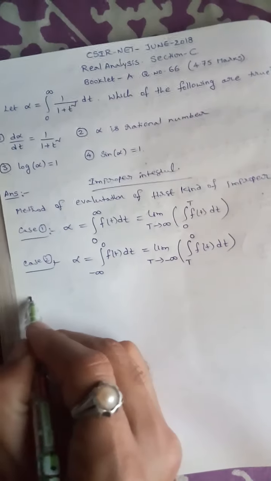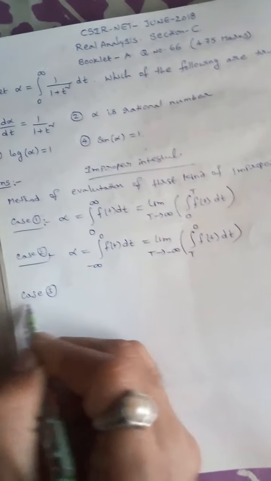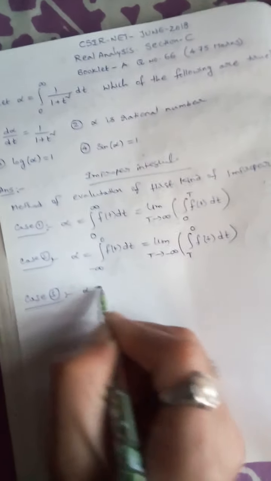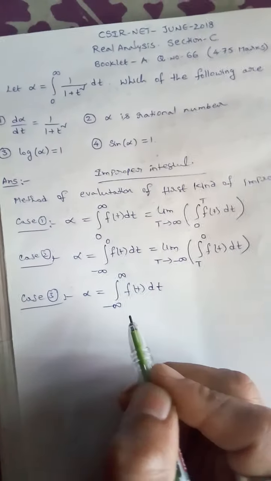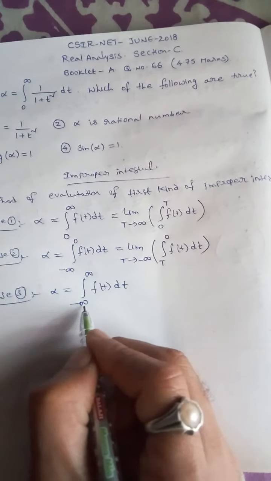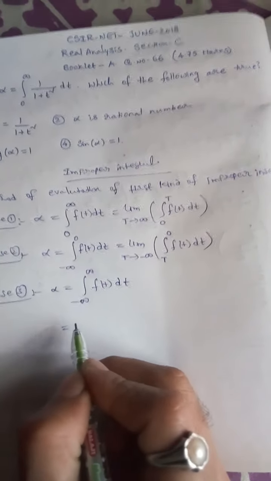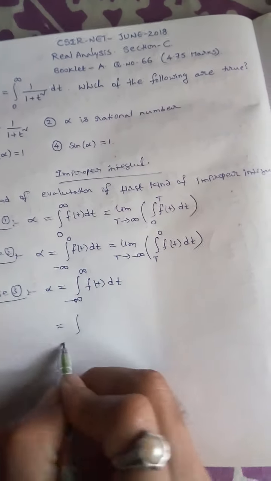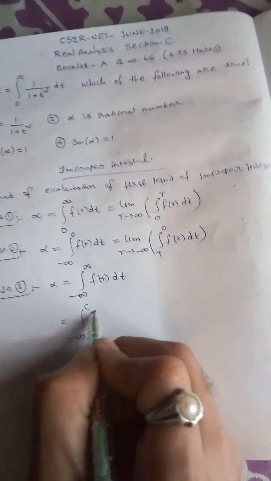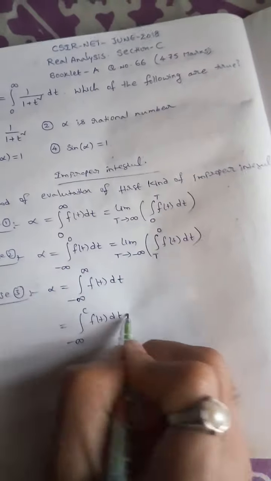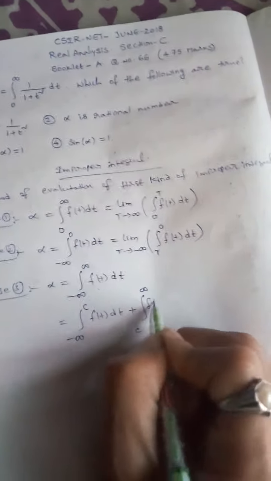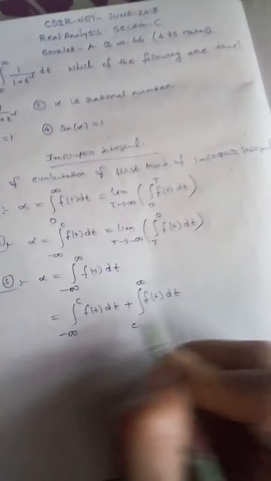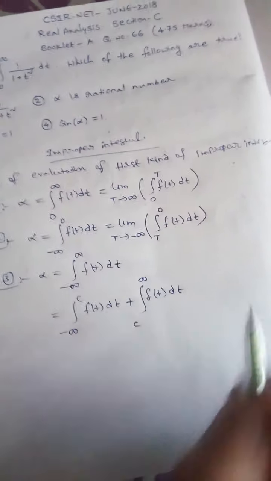Now case 3 is alpha equal to the integral from minus infinity to infinity of f of t dt. This integral can be written as the integral from minus infinity to c of f of t dt plus the integral from c to plus infinity of f of t dt. Here c is a finite fixed number.